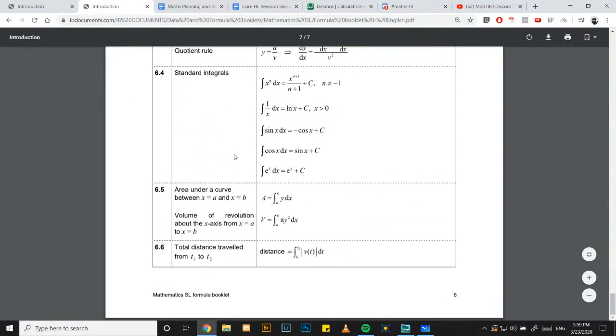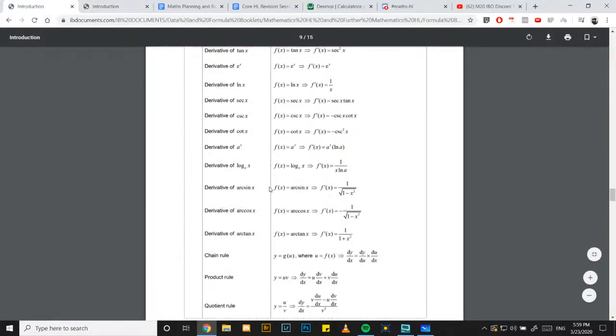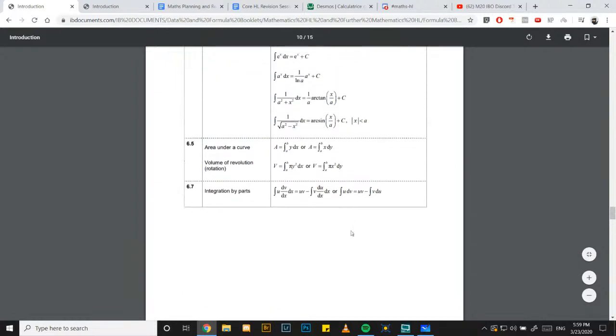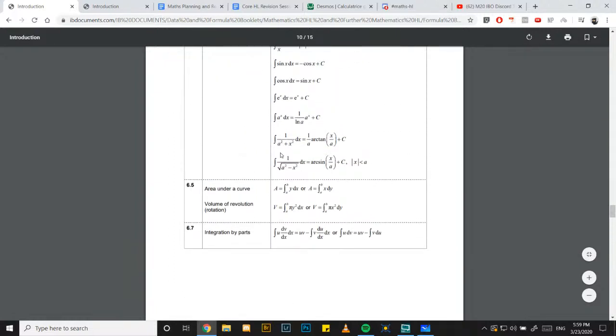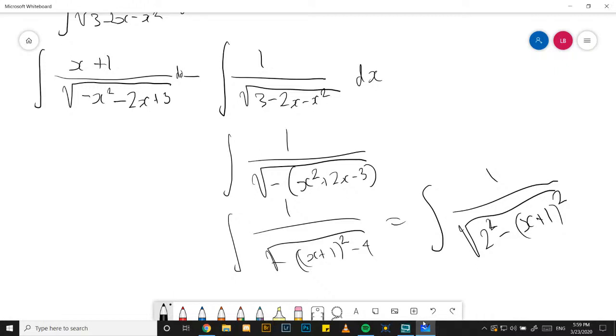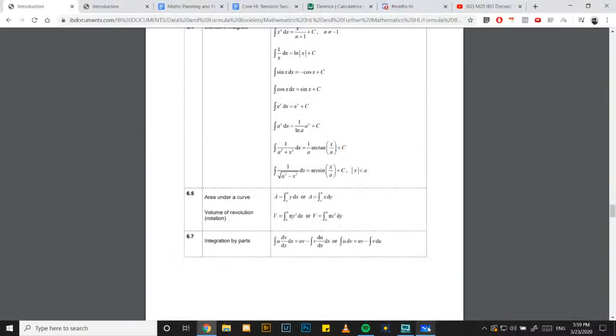Okay, if you look at the integral in the HL, look at the integral right over here. You have some special integrals here. This one. It's the arc sine of x over 2. Beautiful. Except, one second, let me think about this. Arc sine x over 2.